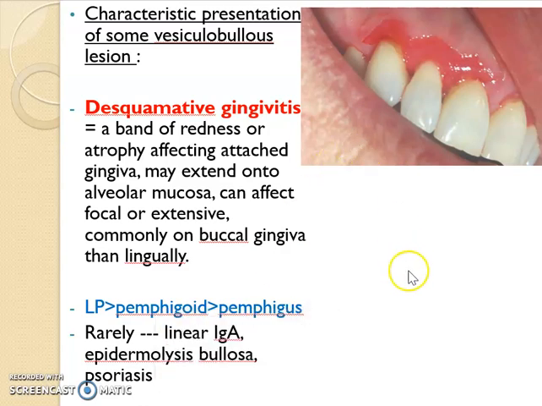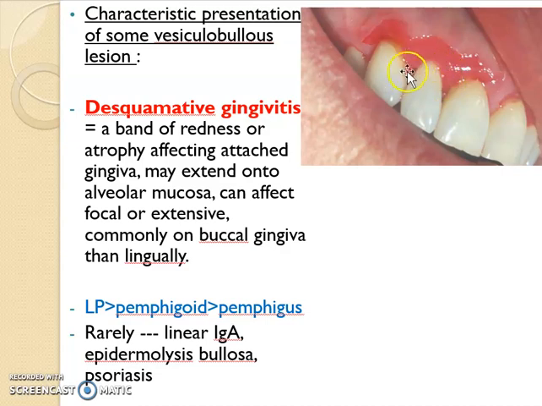In this picture, it involves the gum at the attached gingiva. Maybe in this picture it only involves the lower part of the attached gingiva but not the upper part. But if you leave the condition without treatment, the lesion may involve larger areas. And if you notice the free gingival margin, there's no swelling.